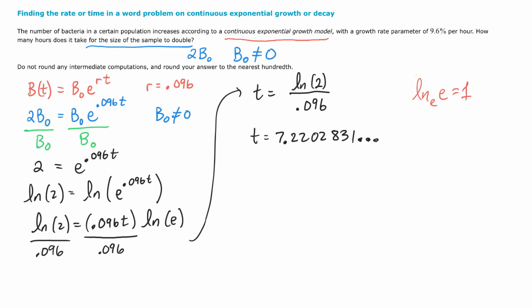We need to round this to the nearest hundredth. So you look at the thousandths place. The thousandths place is a 0, so we're going to round down to 7.22.